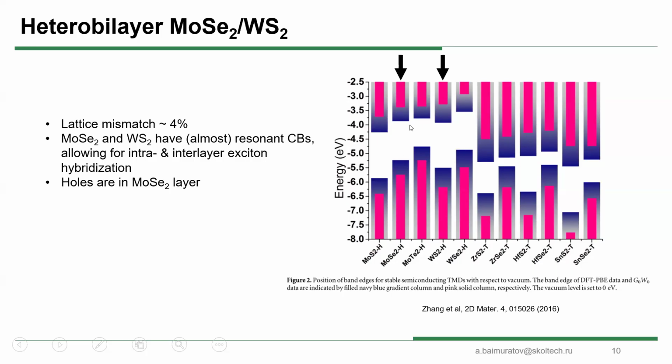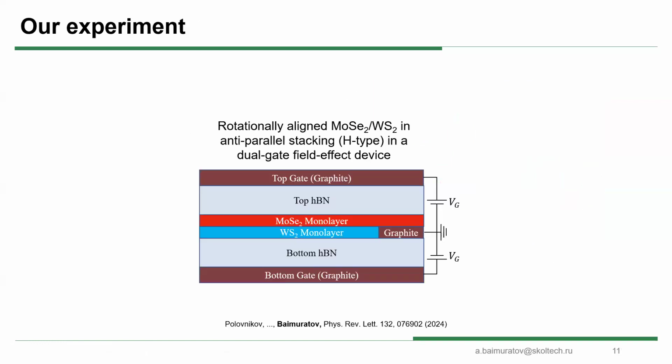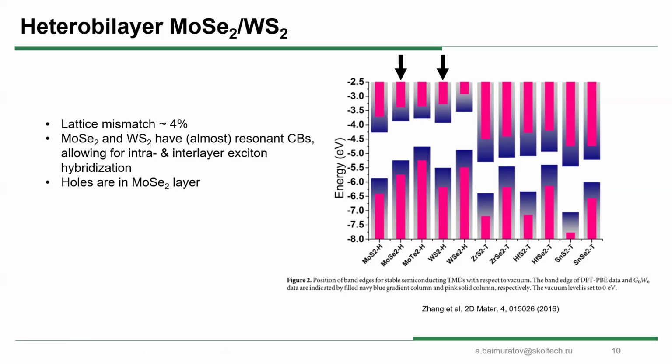This is the bottom conduction band. The conduction bands are in resonance, and for this heterostructure, holes sit in the molybdenum layer. The colors are two different calculations, but the result is approximately the same, we're in resonance in both cases.